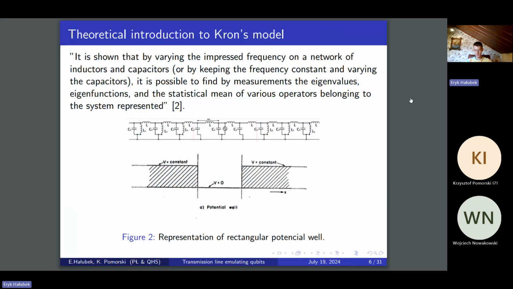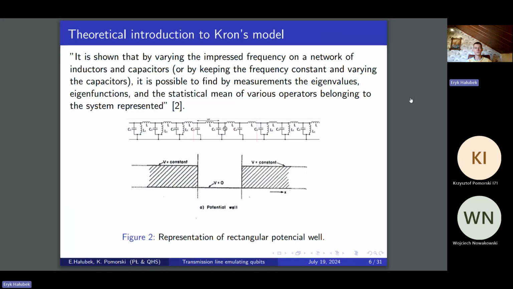Okay, so this work is based mostly on Krone's model. Gabriel Krone was an engineer that lived in the 1930s, 1940s.